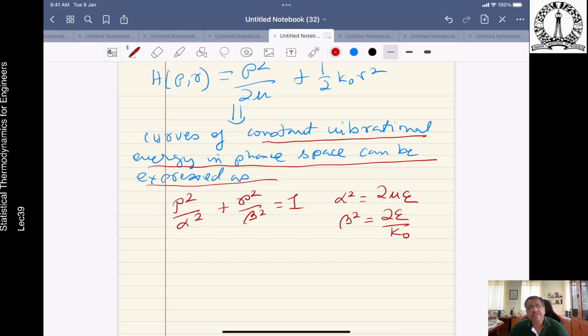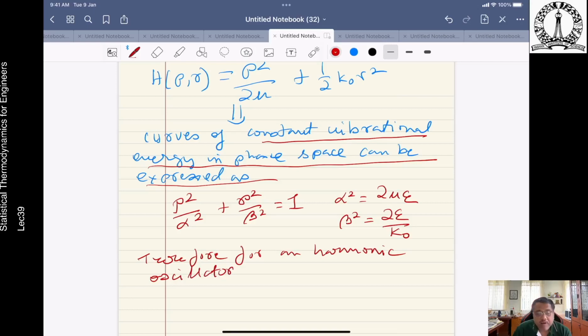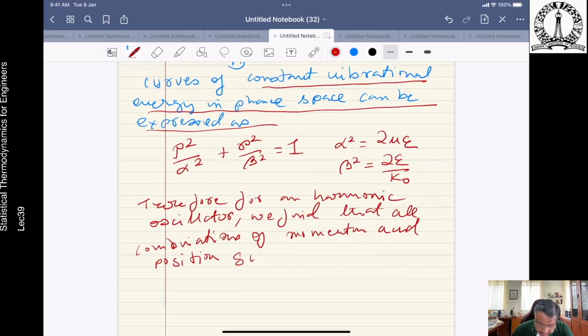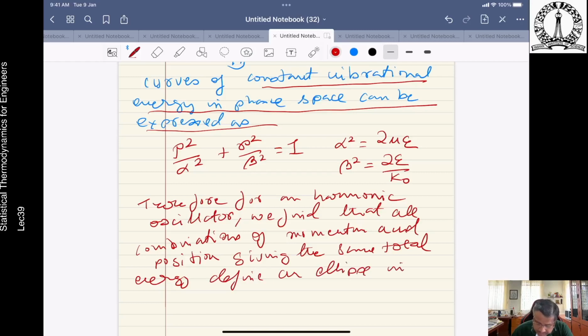Therefore, for a harmonic oscillator, we find that all combinations of momentum and position giving the same total energy define an ellipse in phase space.